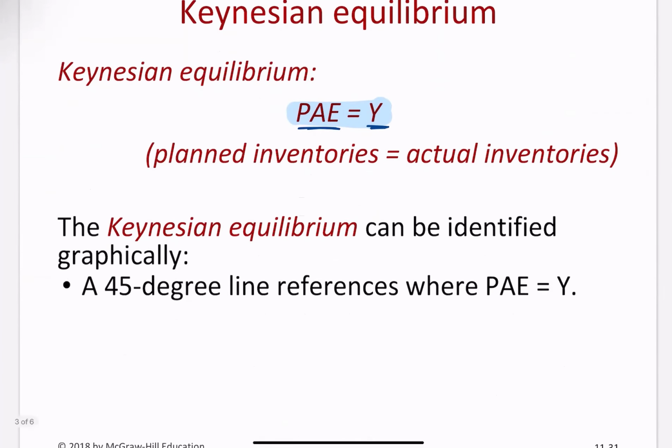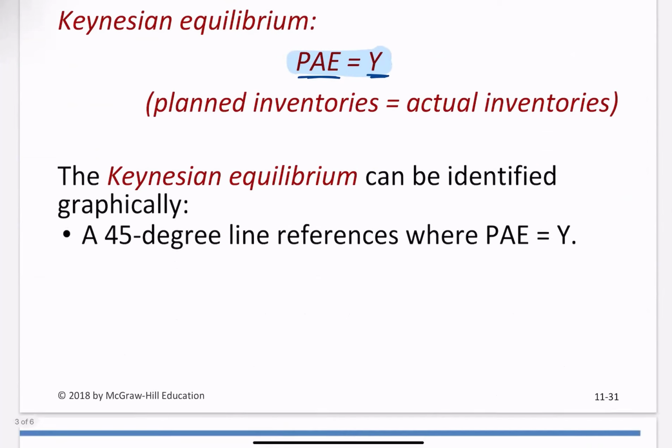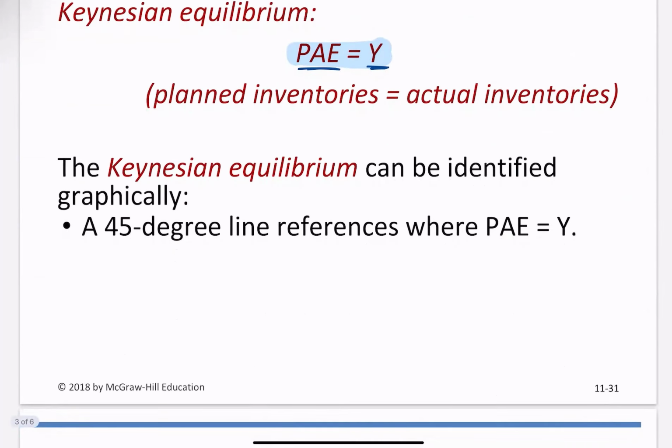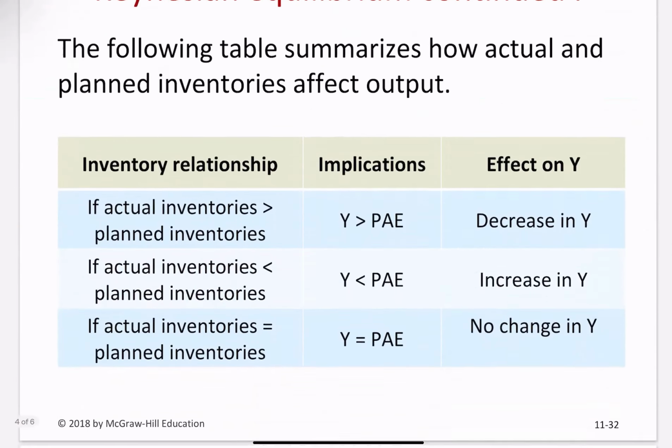Knowing how this formula is affected is very beneficial, which I will show you soon. And whenever you are looking at this equilibrium graphically, you are looking for that 45-degree line, and that shows where your PAE is equal to your Y. So I will show you that graphic soon.